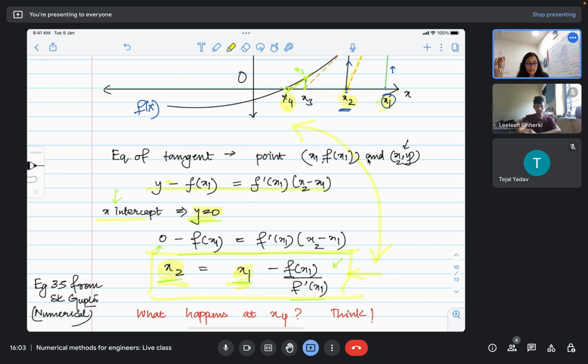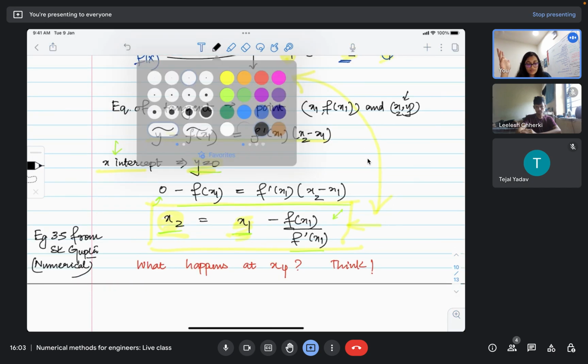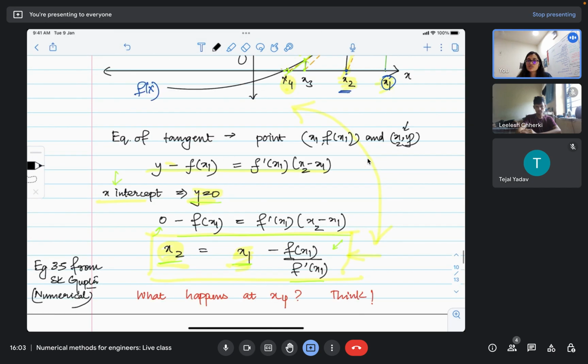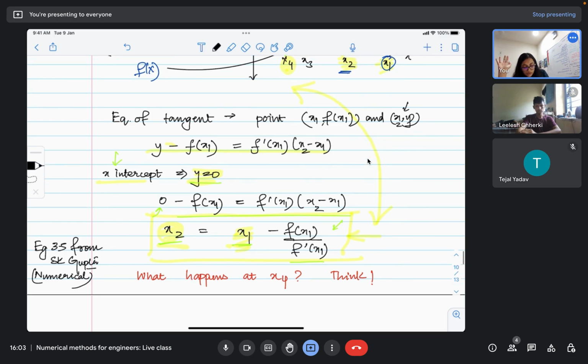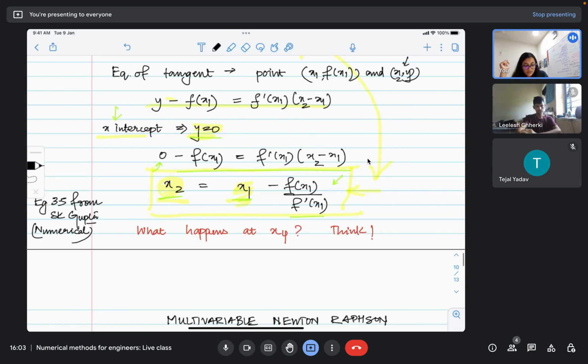So you will basically merge at the root. Imagine x4 is the root, like from the graph we can see that almost x4 has merged to the root. Or let's not take x4, let's take x5, because x5 will be almost here only. Now why will we say x5 is the root?